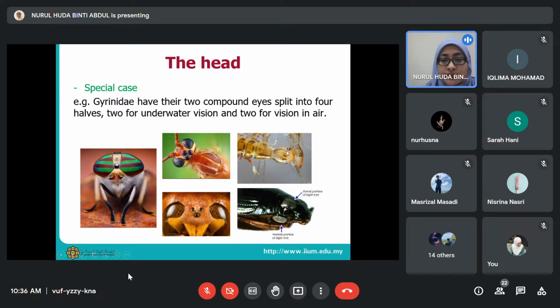But as you can see here, there are a few small dots forming on the head in the compound area part, but it doesn't have a compound eye, this one is stemmata. Okay, this is how the stemmata look. Yang gambar yang kat bawah ni is actually a reflection of the image. Okay, so jangan confuse lah.